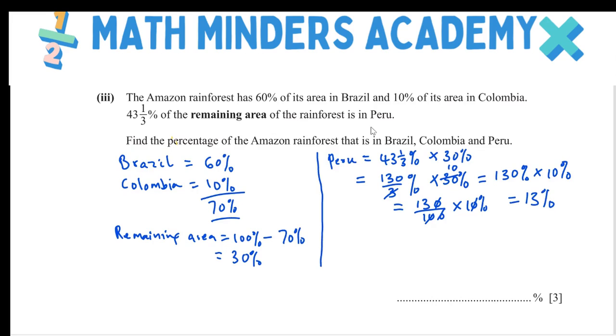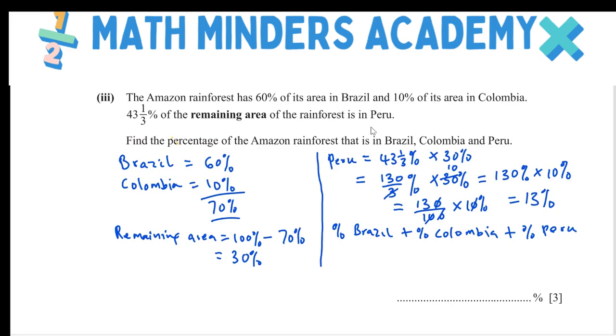And now the question is asking us to find the percentage of the Amazon rainforest that is in these three places. So we are going to add the percentage in Brazil plus the percentage in Colombia plus the percentage of the rainforest in Peru.